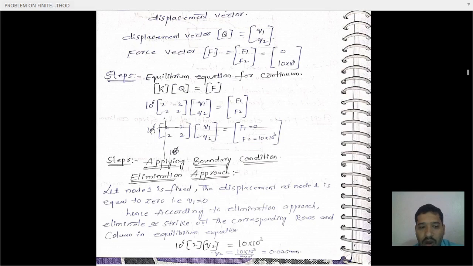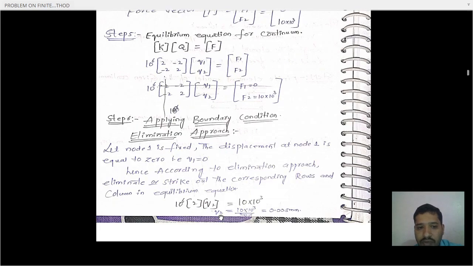Okay, 10 power of 6 as it is, 2 minus 2, minus 2 2, Q1 Q2. So F1 value is how much here? 0. F2 value is how much? 10 into 10 power of 3. So here, node 1 is fixed. If node 1 is fixed, the displacement at node 1 equals how much?